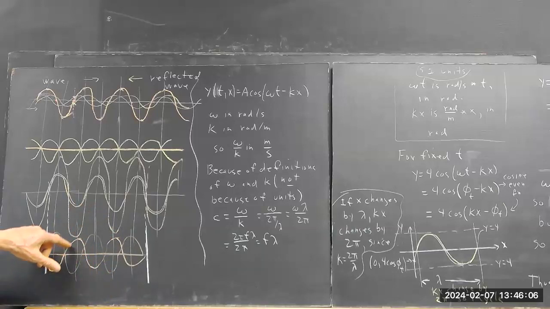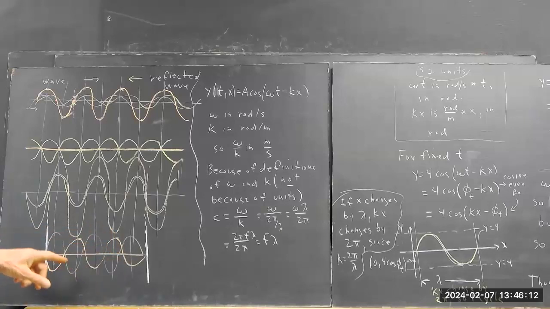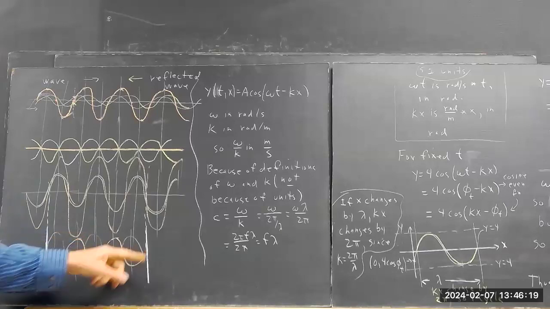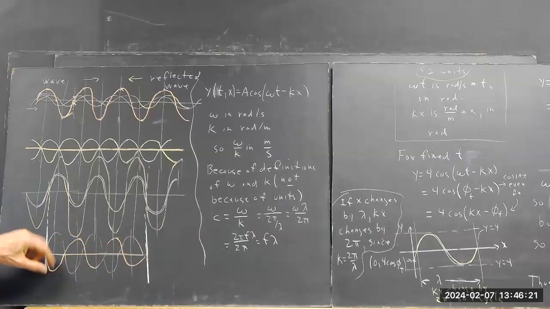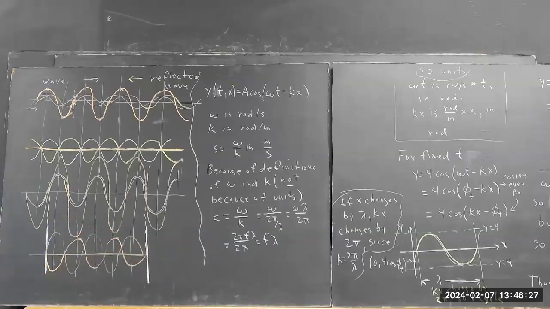I had one wavelength here, another one here, and well, okay, between here and here, between here and here, and then here's a half. Okay, so 2 and a half wavelengths, 5 half wavelengths.